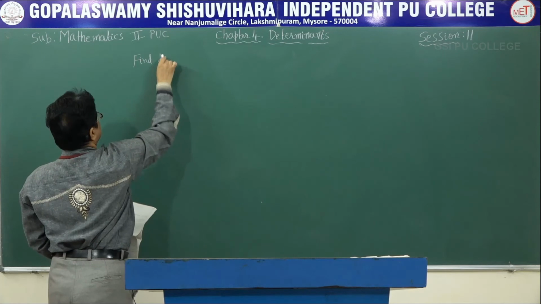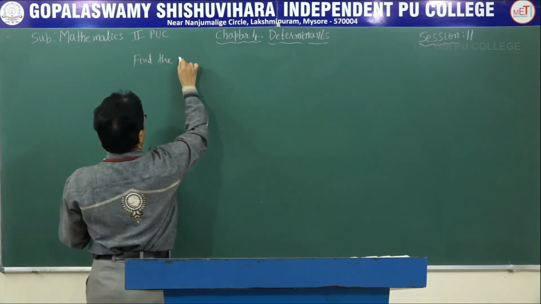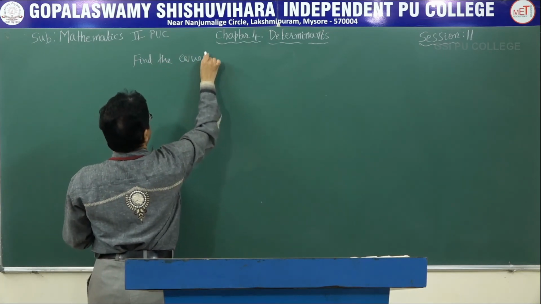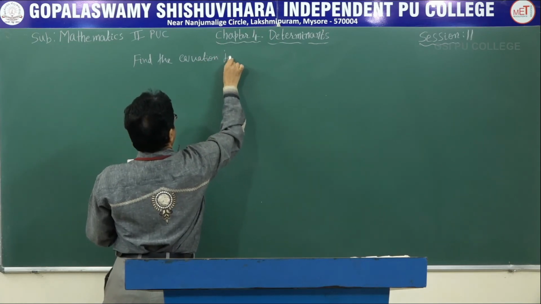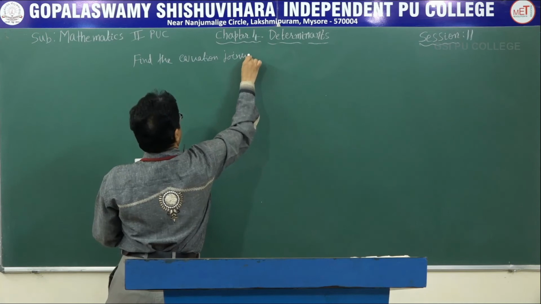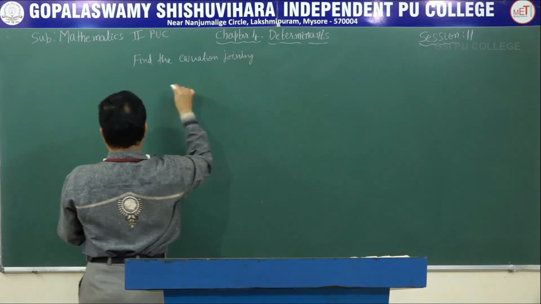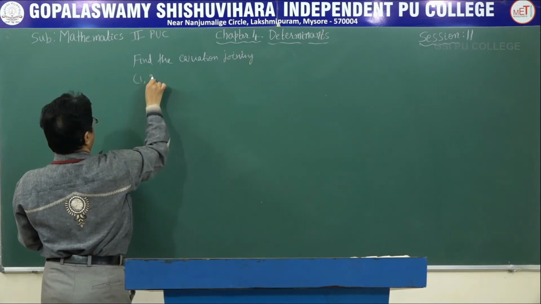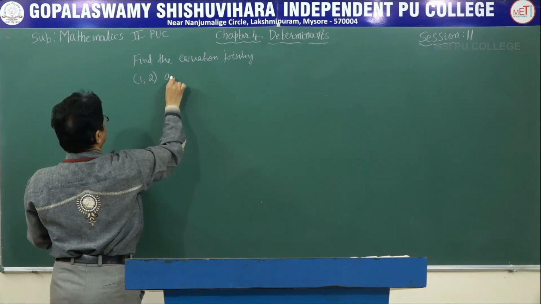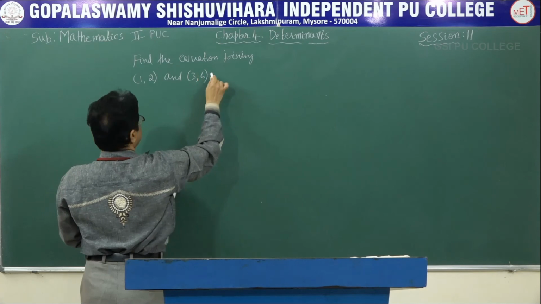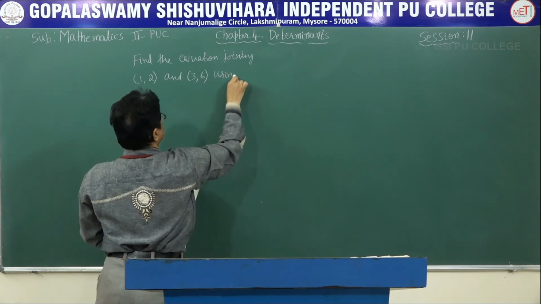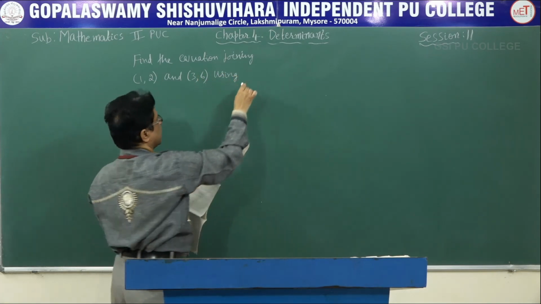Find the equation of the line joining 1, 2 and 3, 6 using determinants.